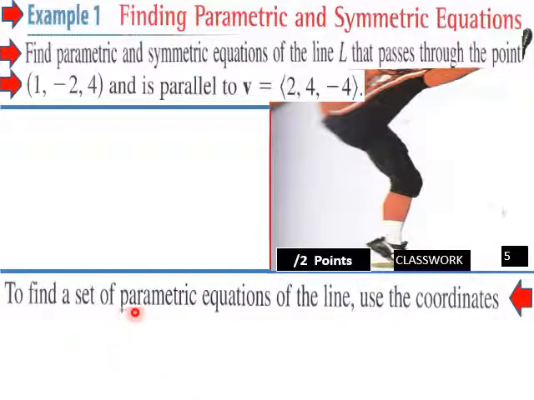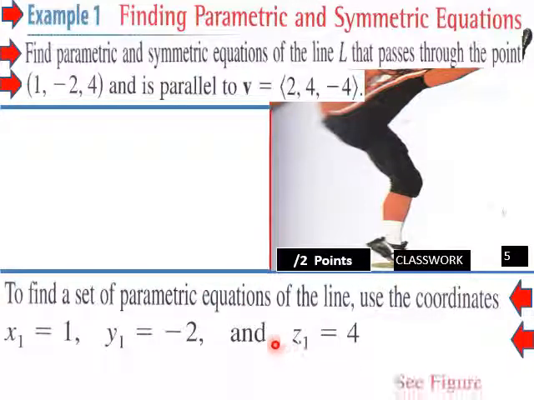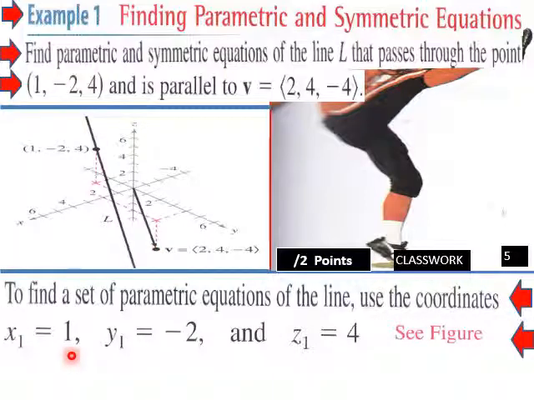To find a set of parametric equations of the line, use the coordinates X1 equals 1, Y1 equals negative 2, and Z1 equals 4. So that would be this plot here.